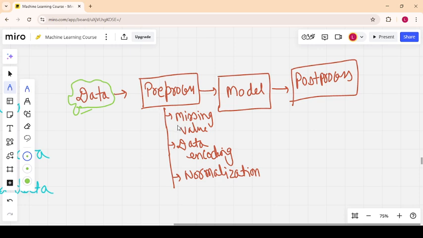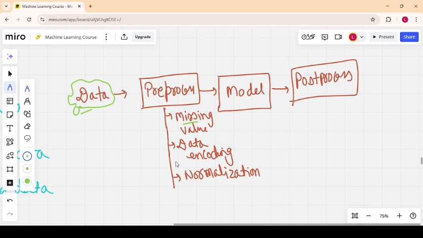We have to remove the missing values. We have to handle the None values, remove the duplicate values, and convert the text into the numerical format that the model accepts. We also need to convert the dataset into a normalized form, because every feature varies from a minimum to a highest value, so we need to change their range.